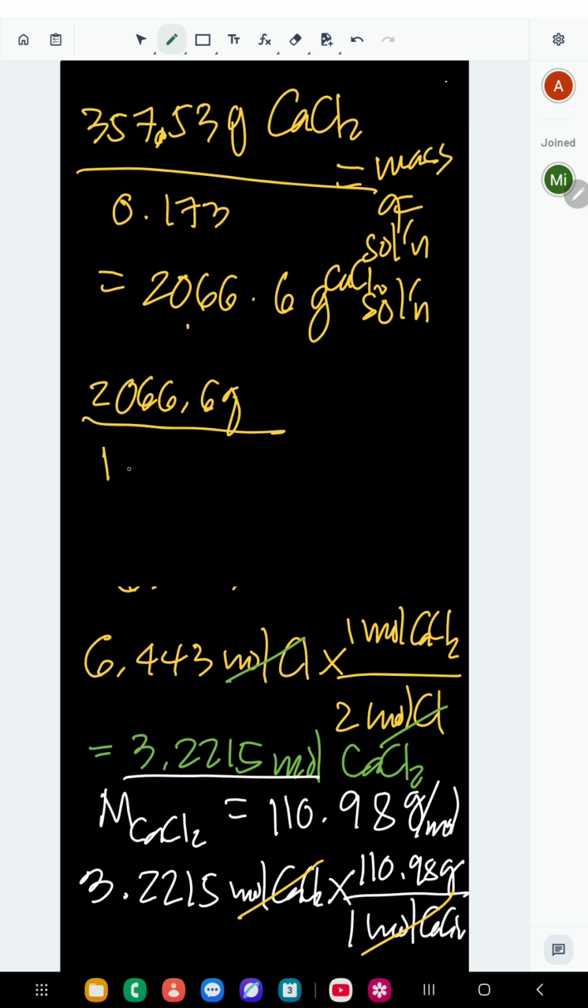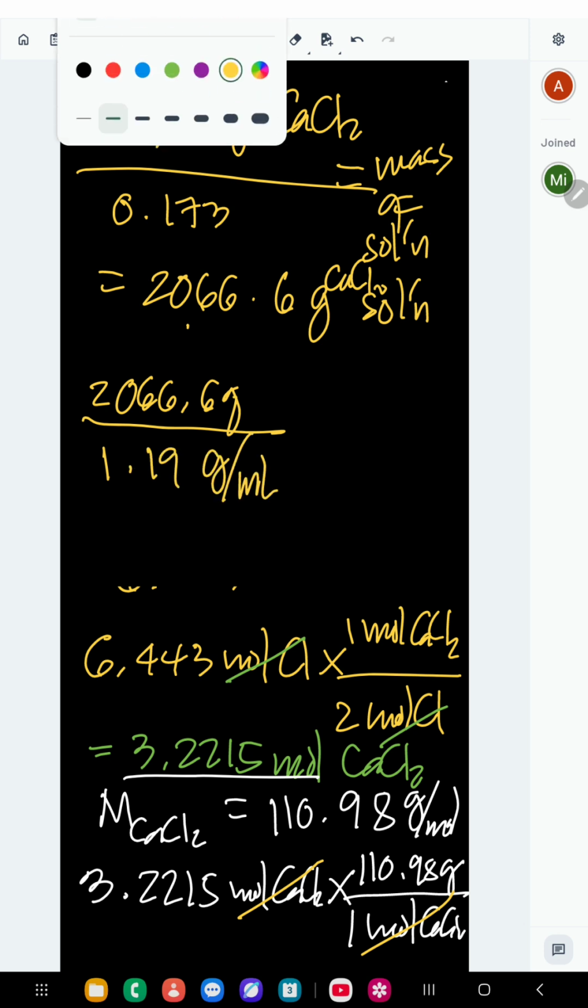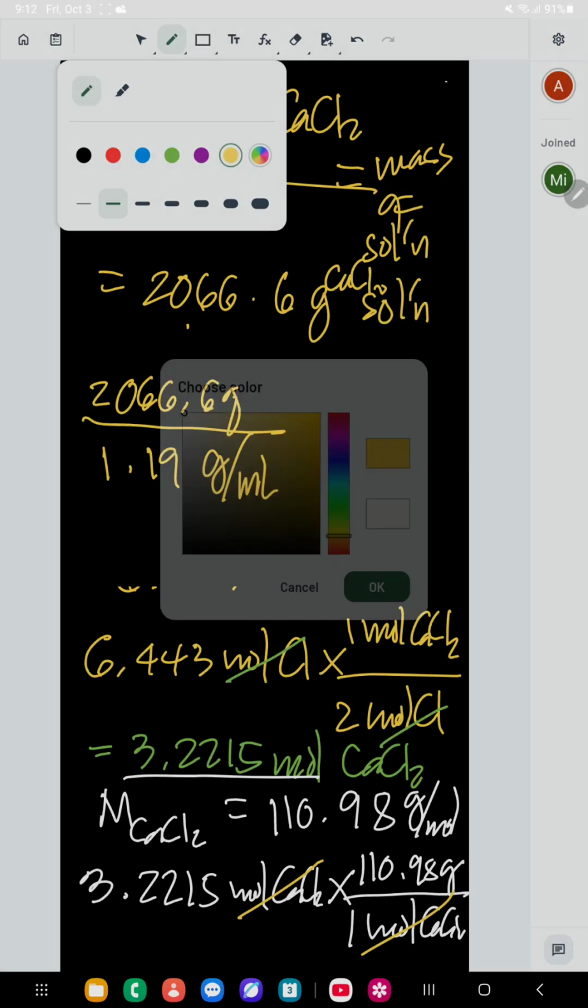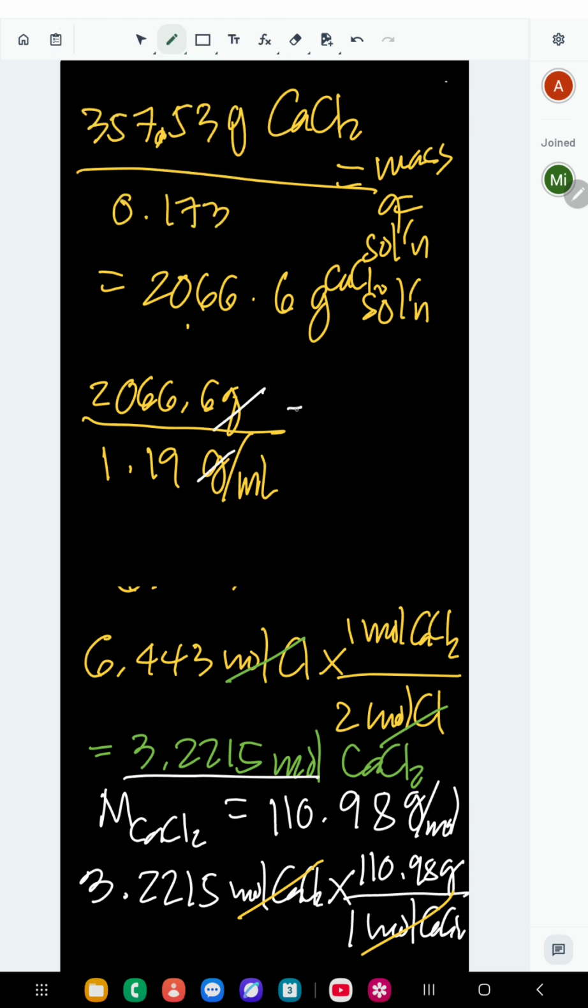So this is divided by 1.19 grams per milliliter. The gram unit here cancels out. So 2066.6 divided by 1.19. What did you get? Okay, 1736.64. Let's write this in scientific notation.